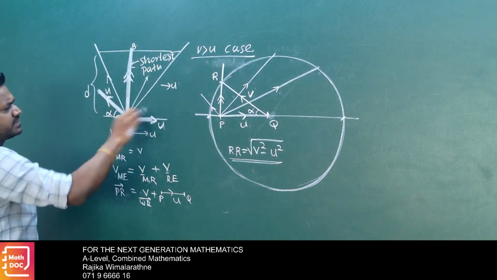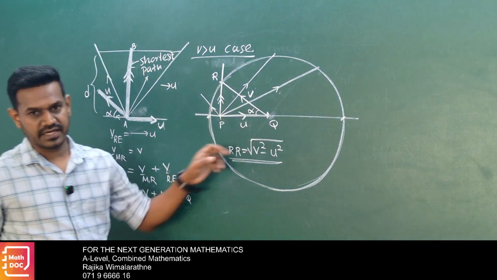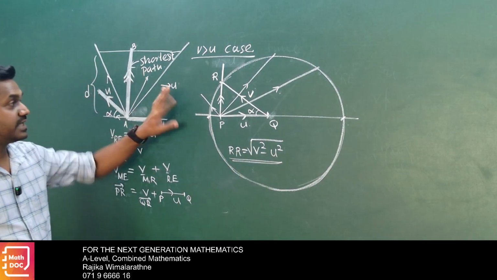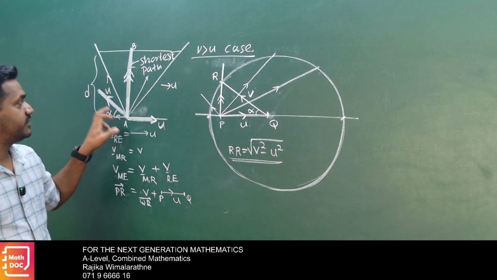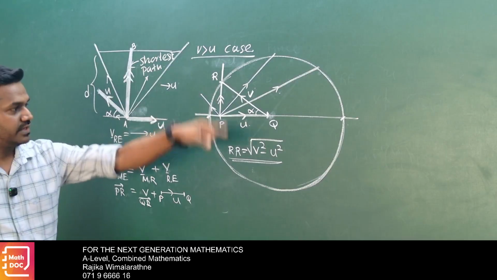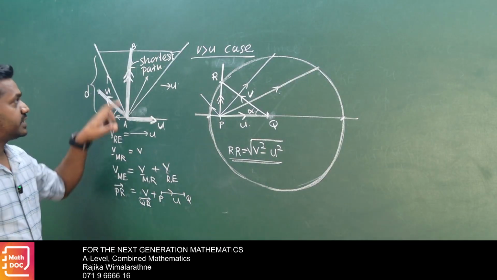Now this is the displacement diagram and this is the velocity diagram. But there is a connection: this alpha is connected with the displacement diagram. In that case, the shortest path is this.